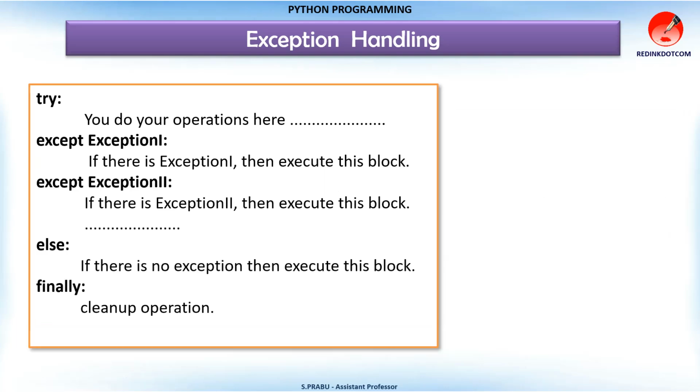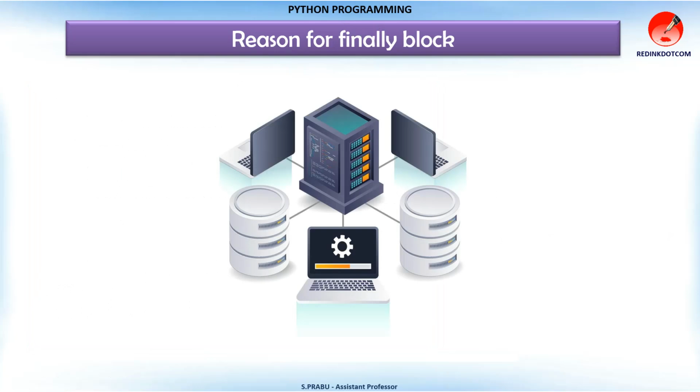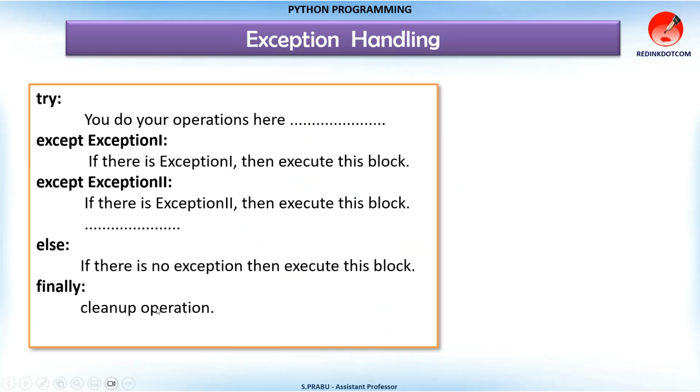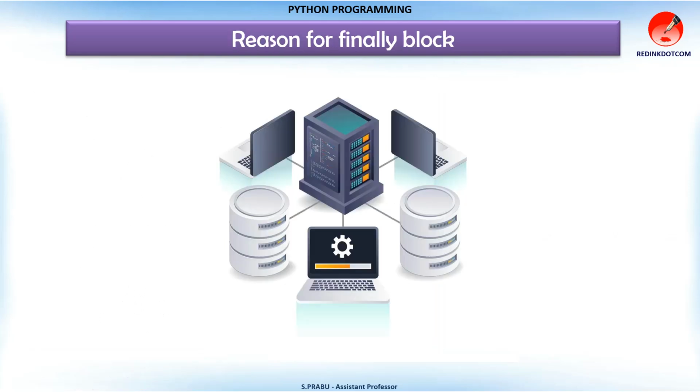And we can also include the finally block inside the exception handling mechanism. The reason for using the finally block is especially for performing cleanup operations, releasing resources, or ensuring consistent system behavior. This block can be executed whether an exception happens or not. Resources like file handles, network connections, or database connections need to be properly closed or released.